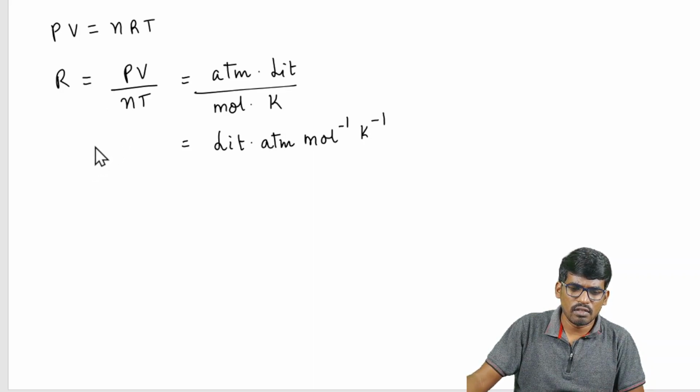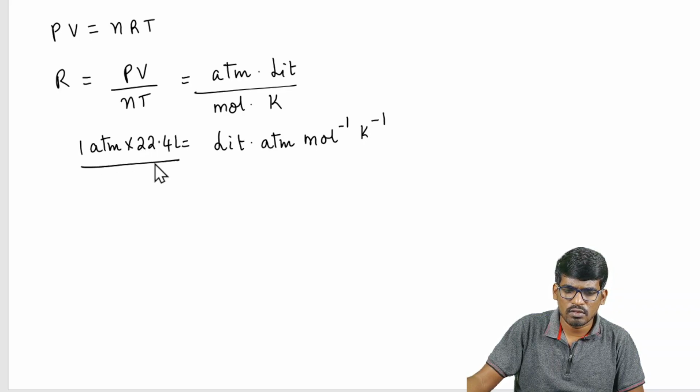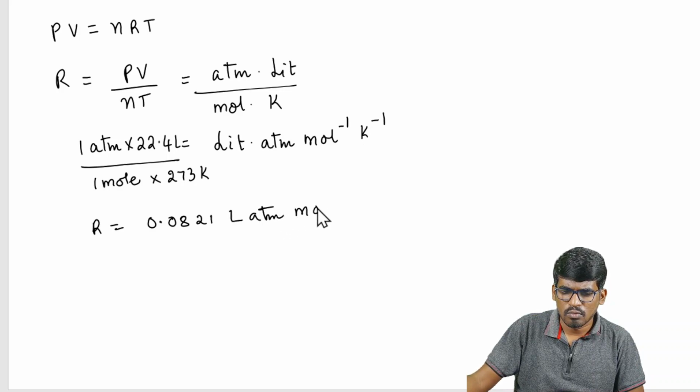Pressure is 1 atm, and the volume occupied by 1 mole of a gas is 22.4 liter at STP conditions, so 273 Kelvin. If you solve it, the R value will be 0.0821 liter atmosphere mole inverse Kelvin inverse.